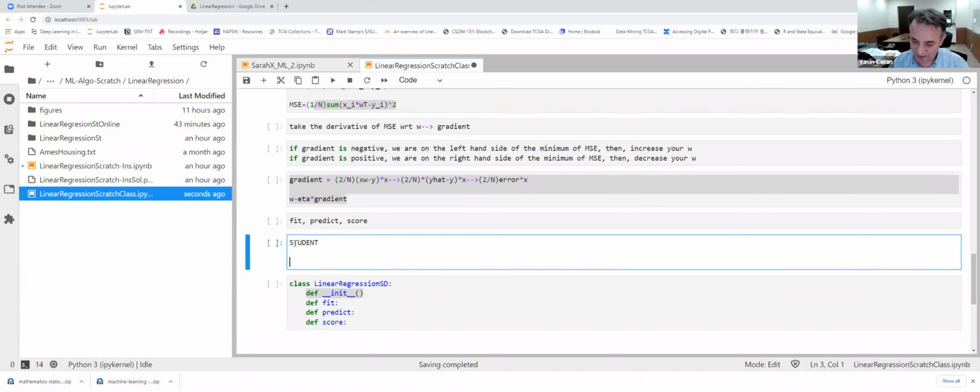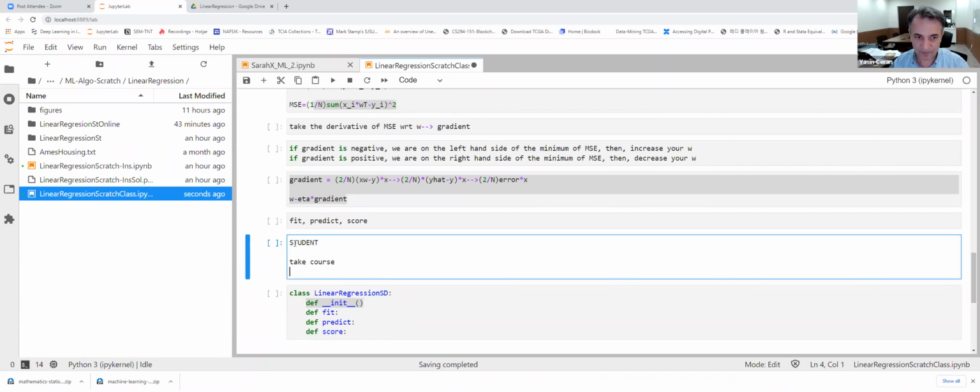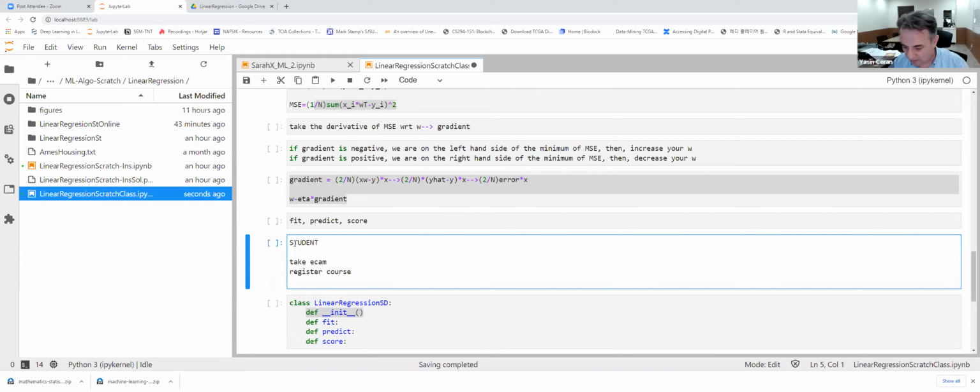This student can take a course, register, take an exam. And I don't know, a student can do other things too. So student is the name of the class, and all the students in the university or in that institution are actually instances of this class. Each individual student is an instance of this class.